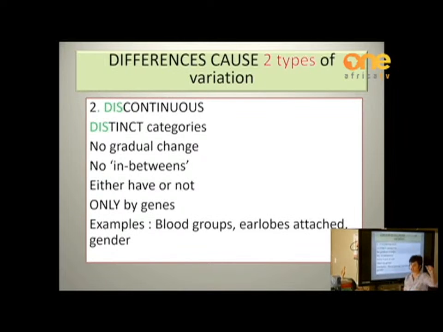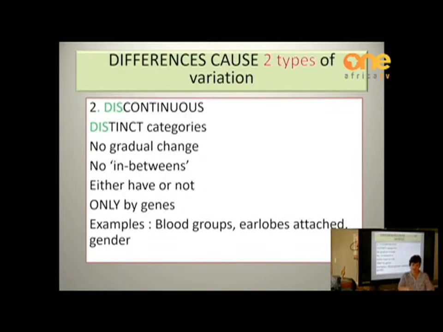discontinuous variation. So the first one was continuous variation, smooth gradation, no distinct categories. Discontinuous: distinct categories. There's no gradual change. There's no in-betweens.